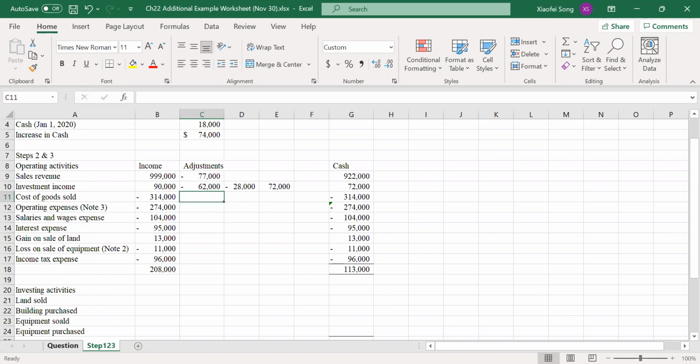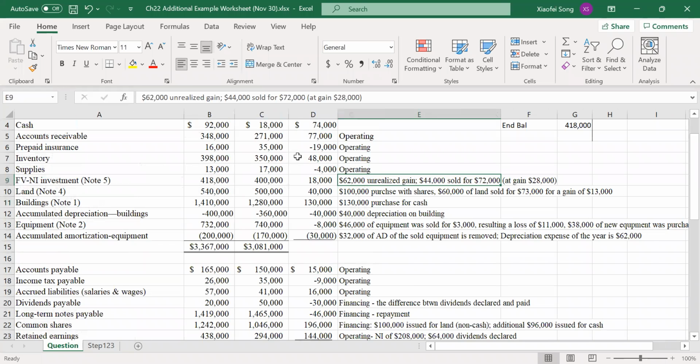So let's go back to see. The inventory increased, so that should be subtracted, and the accounts payable also increased, and that should be added. Accounts payable increase, that should be subtracted or added?